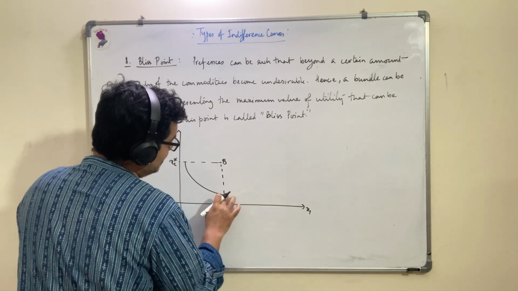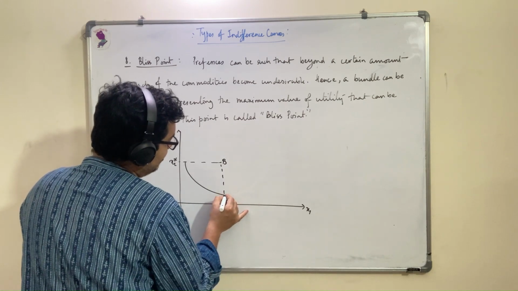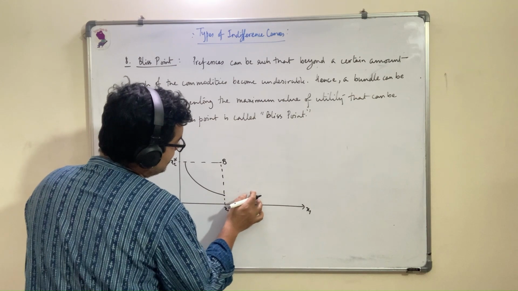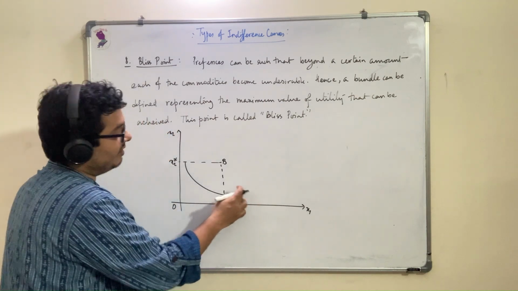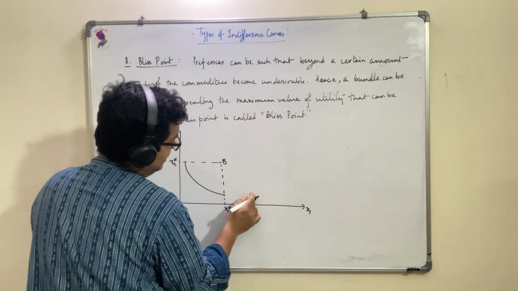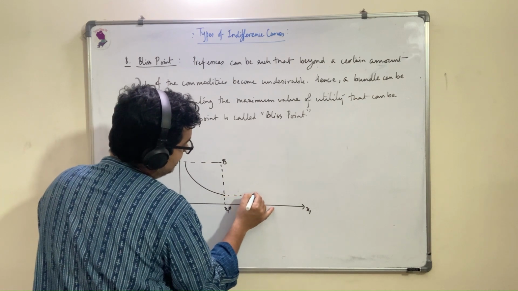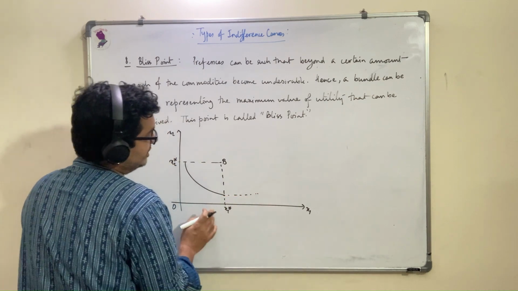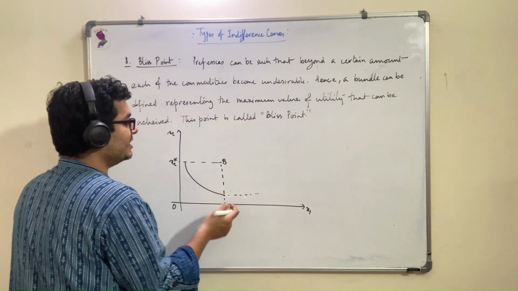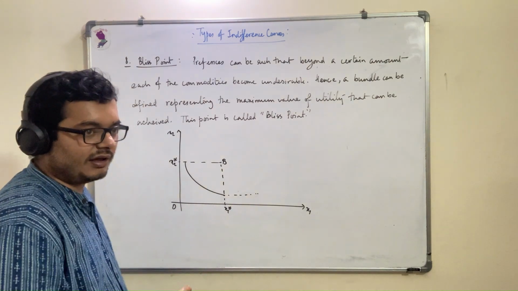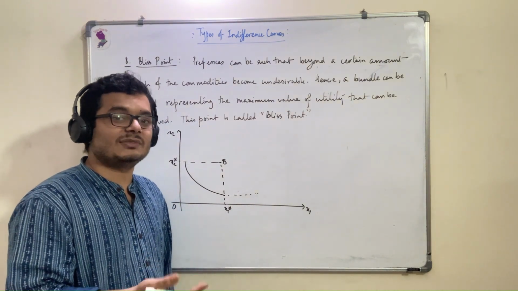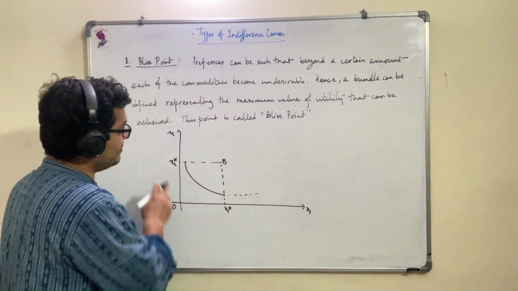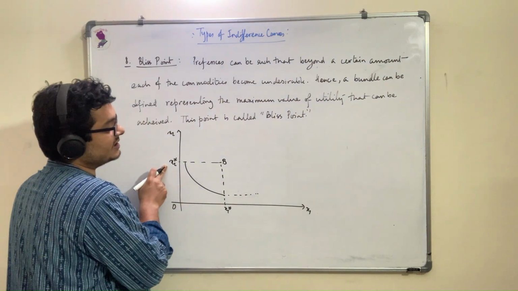So let us try to understand, right? So now if I increase x1, the utility of that person is actually decreasing. So if I take some x1 here, okay, the utility of that person decreased. So to increase the utility, because we want to return at the same level, I must increase x2 because x2 is still desirable.